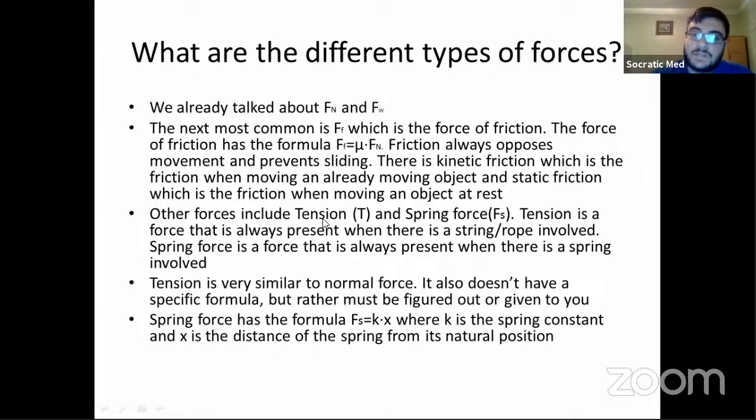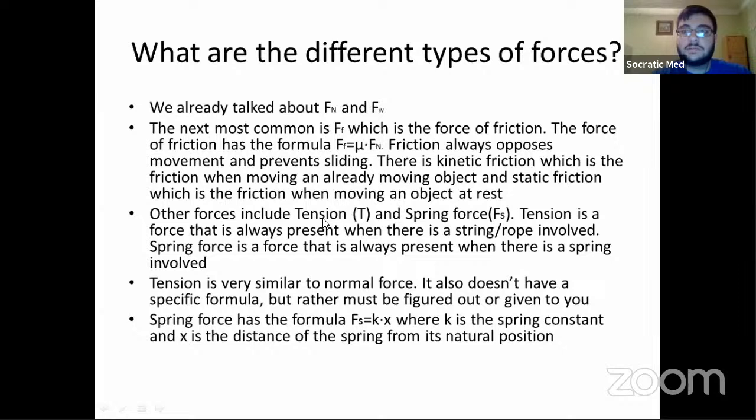Okay. So there's two types of friction. There's kinetic friction and there's static friction. Kinetic friction is the friction when you're moving an object that is already moving. Static friction is the friction when moving an object that's at rest. One way you can remember this is that static friction is always greater than kinetic friction.